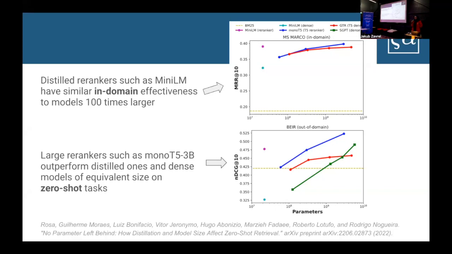So when we are working in domain, the difference is really small when we increase the number of parameters. But the trend is actually different when we evaluate out of domain. The same models, when we evaluate out of domain, we see that number of parameters does matter. Smaller models are not bad, but just by increasing the size of the model, we see improvements in the performance. And this is a signal that there is a correlation between the number of parameters and a model being able to generalize to out-of-domain tasks.